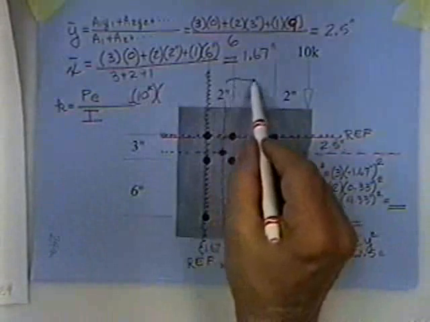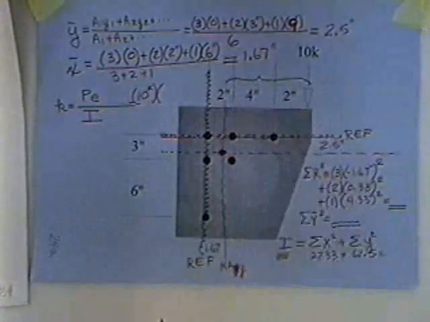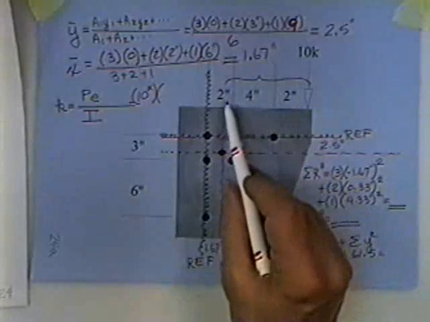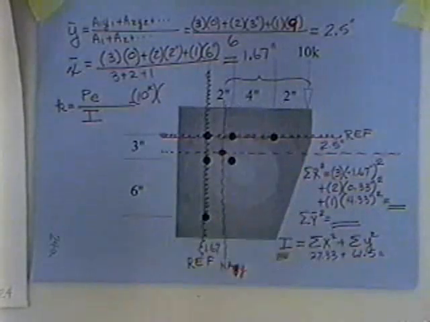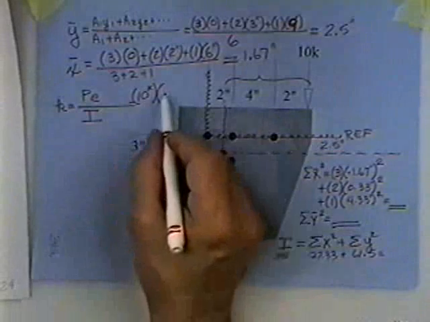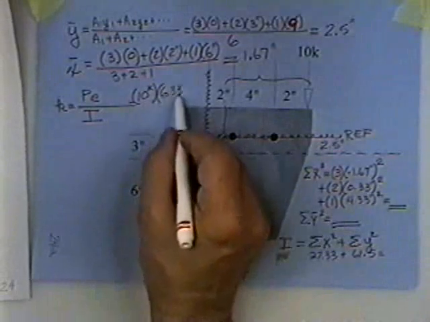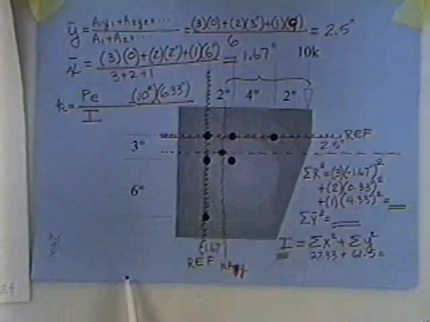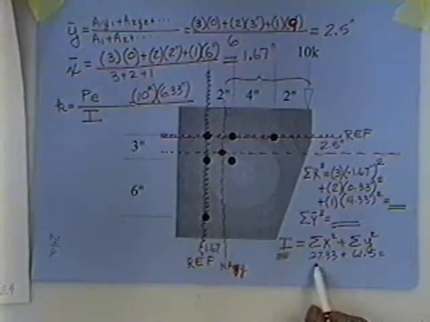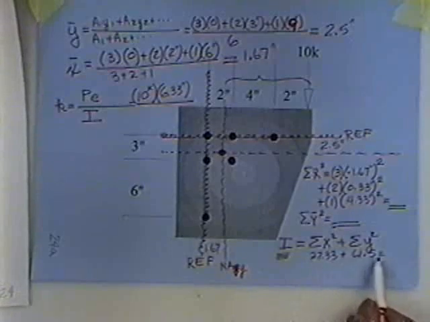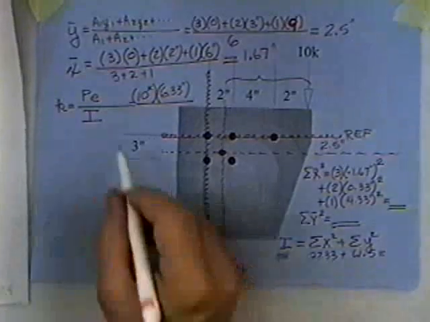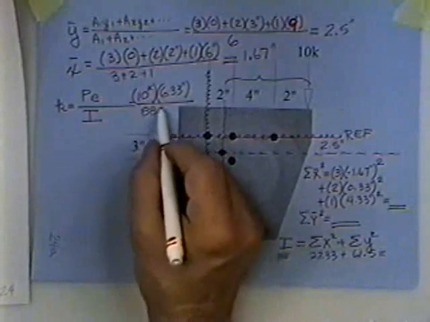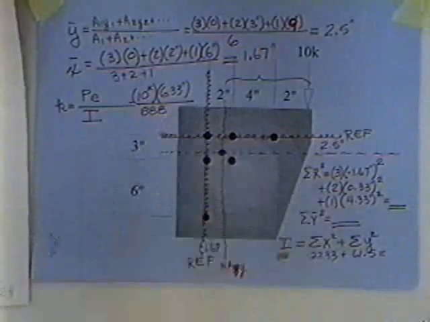This guy is this far off of the neutral axis: 2 plus 4 plus a third, 6.33 inches. And you divide it by I. What does that 27.33 plus 61.5 come out? 88.83. 88.8. Thank you.